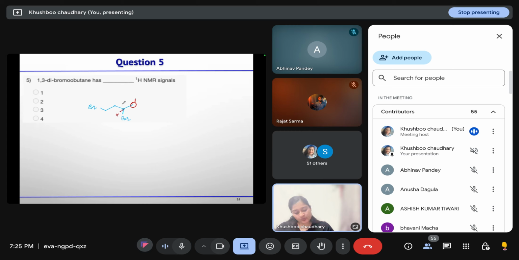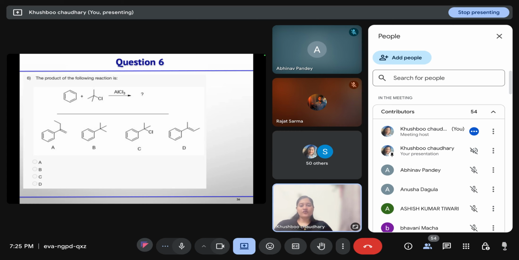So I'm numbering 1, 2, 3, 4, for this CH2 and one for CH2 attached to the bromine. So four different types of protons are there. So there will be four signals in the 1H NMR spectra. Clear? Yes, ma'am.